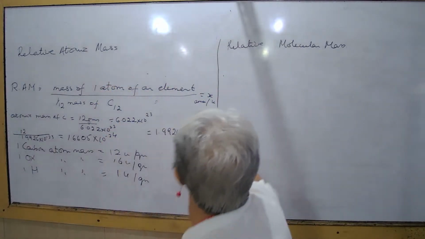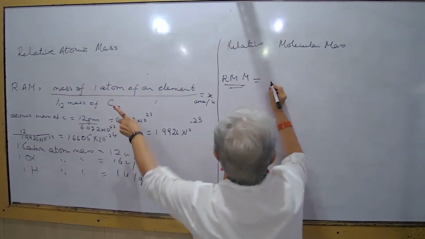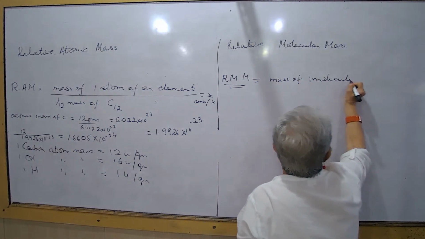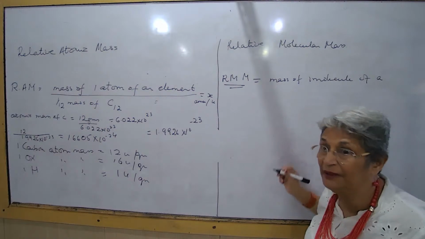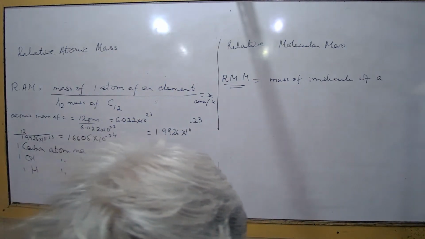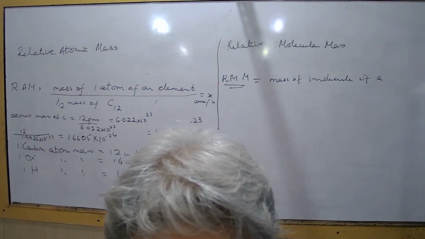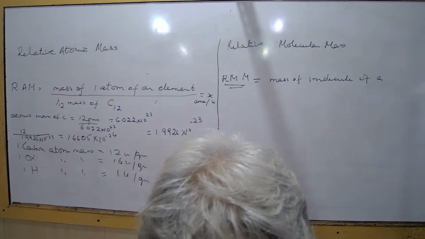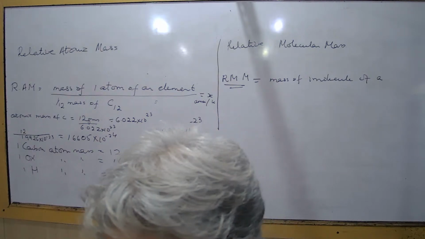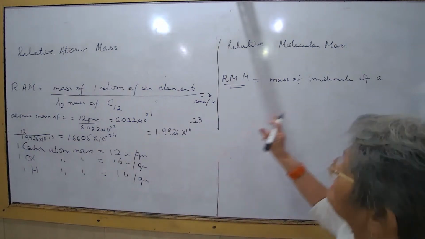So relative molecular mass, RMM, is equal to the mass of one molecule of a substance.